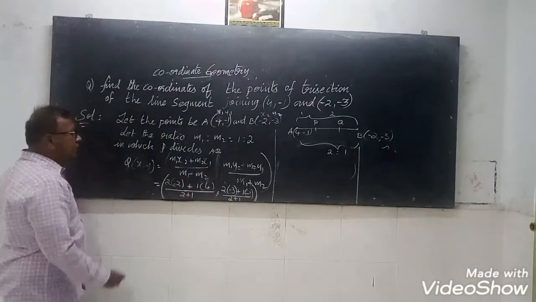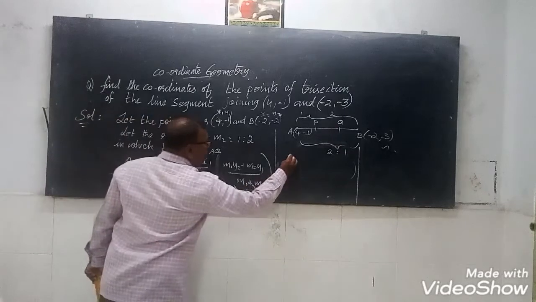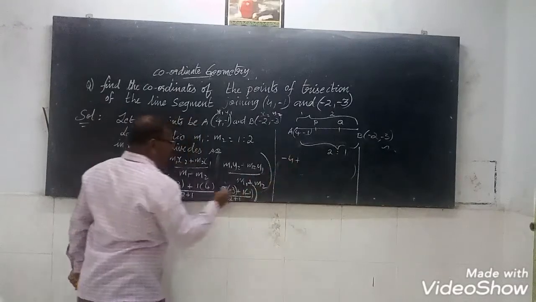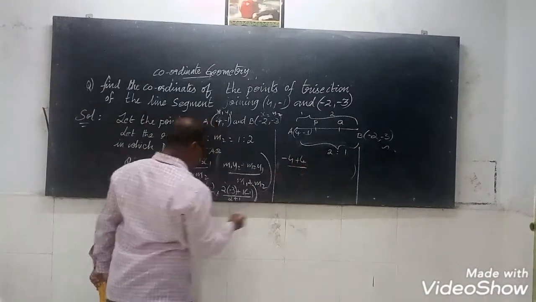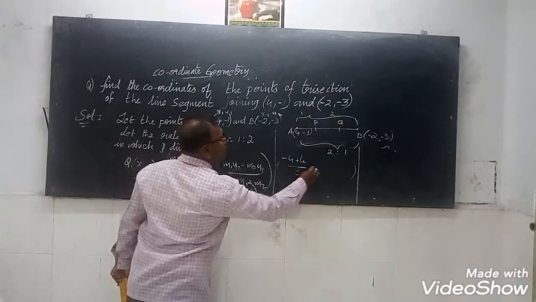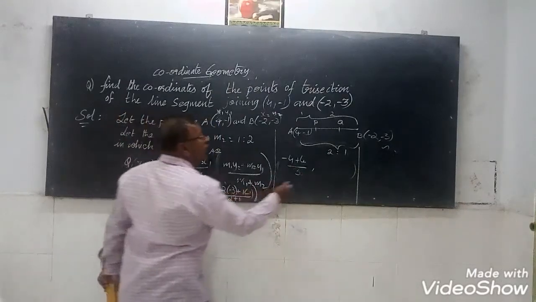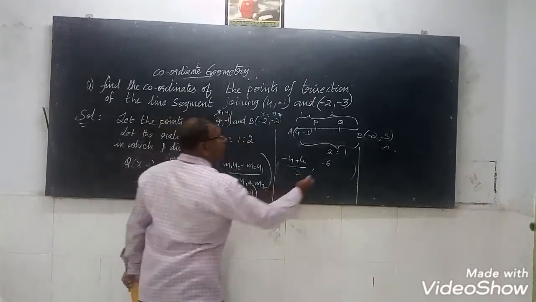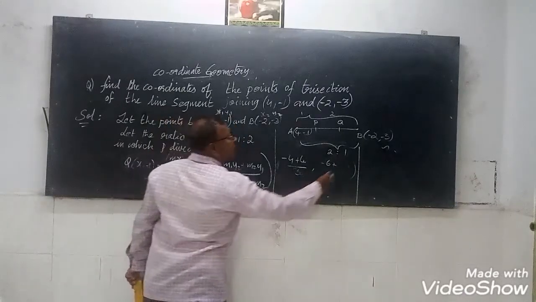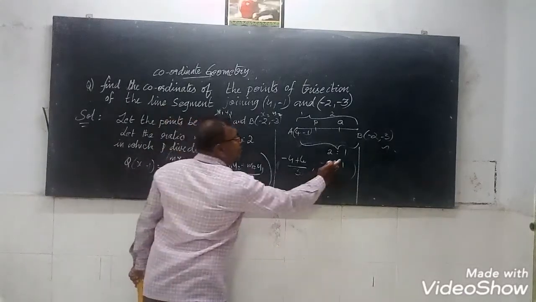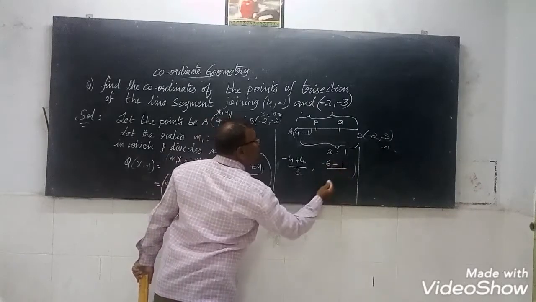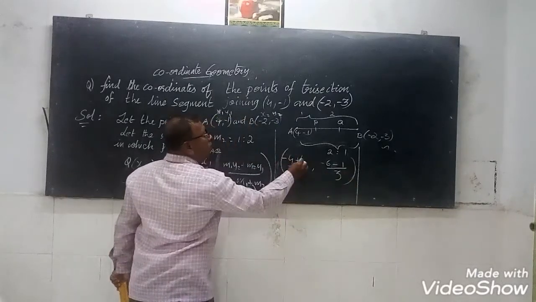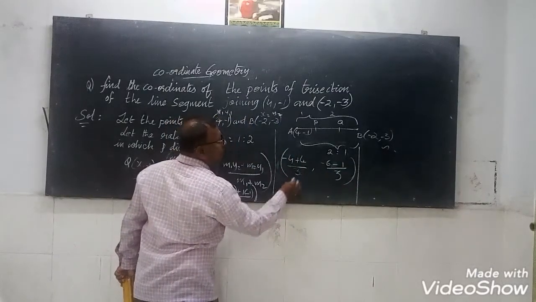Now simplification once again. 2 into 2 is 4, plus 1 into 4 is 4, by 3. Then 2 into minus 3 is minus 6, plus 1 into minus 1 is minus 1, divided by 2 plus 1, the same, 3. 4 minus 4 is 0 by 3.